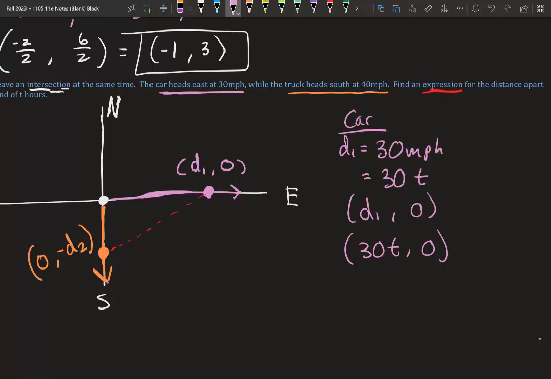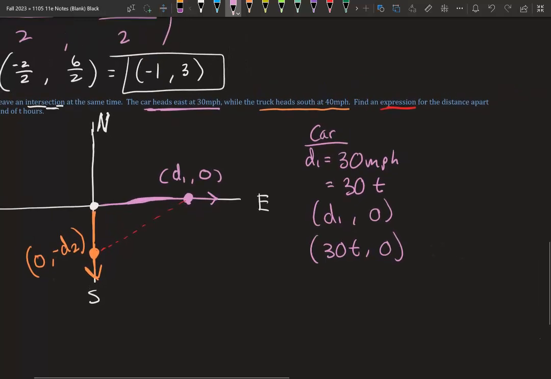Now let's do our truck. So our truck, we said that's distance 2 because it's a second thing we're talking about. And we're saying that it's going 40 miles per hour. We know miles per hour now, that's a unit of time, so 40t.